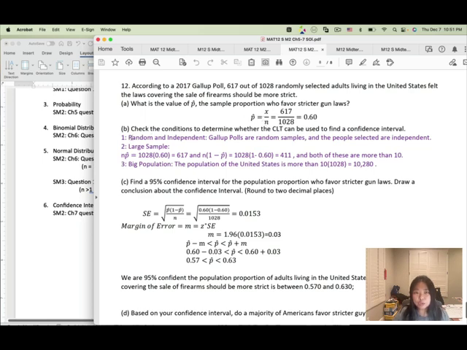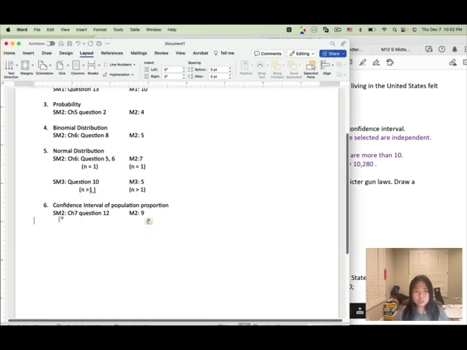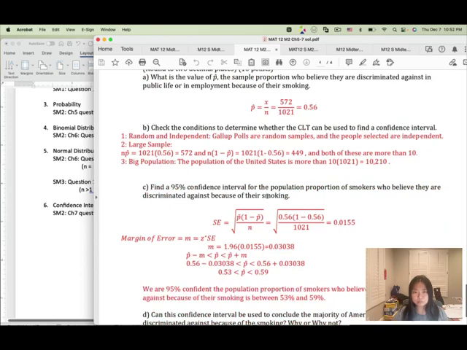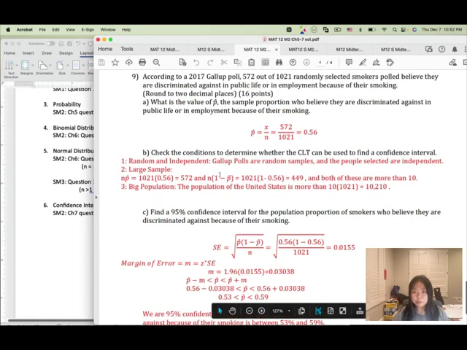And make sure you remember to check the condition. And then use the formula to construct the confidence interval. At the end, draw the conclusion regarding this confidence interval. So look at the sample midterm 2, chapter 7, question 12, and the midterm 2, question 9 here, this one. Similar question, okay?